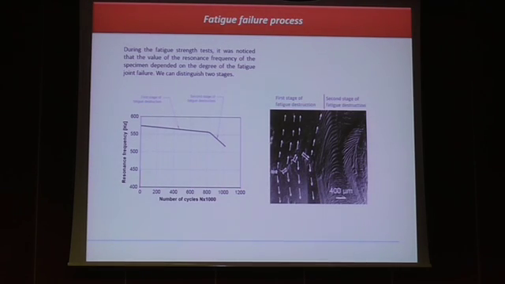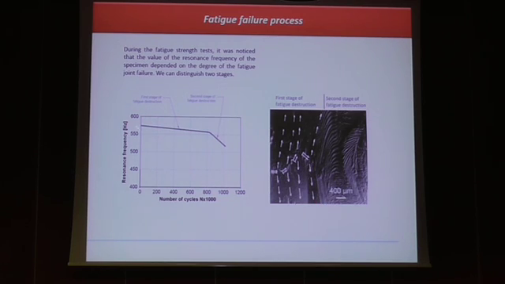During the fatigue strength tests, it was noticed that the value of resonance frequency of the specimen depended on the degree of fatigue joint failure. We could distinguish 2 stages of fatigue destruction. During the first stage, the value of the resonance frequency decreased slowly, and we can see this stage on the failure surface.